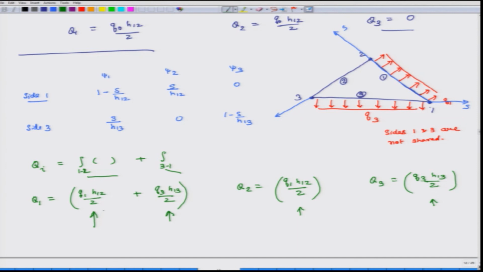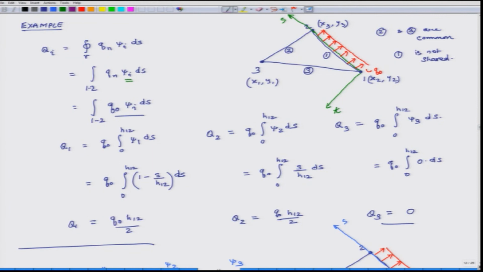Now, these formulas are good if Q is constant. So, here we had assumed that Q is constant. If Q was not constant, suppose Q was varying like this, so let us say this is Q naught.